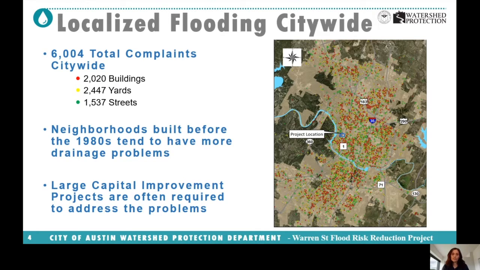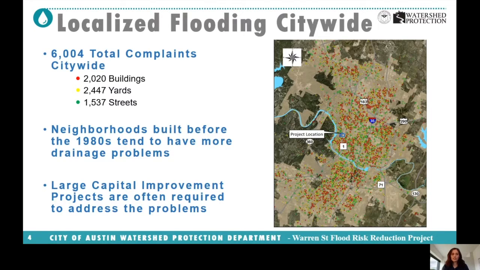The yellow dots represent yard flooding complaints, which is basically when water entered or got ponded in the yard but never entered the building. And the green dots represent street flooding complaints, which, as the name explains, means the flooding occurred on the street and did not enter the property or the yard or the building.